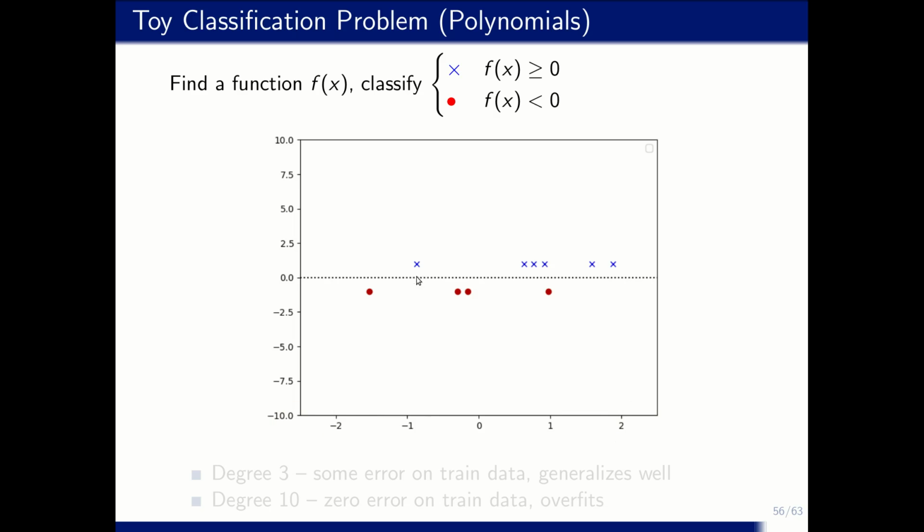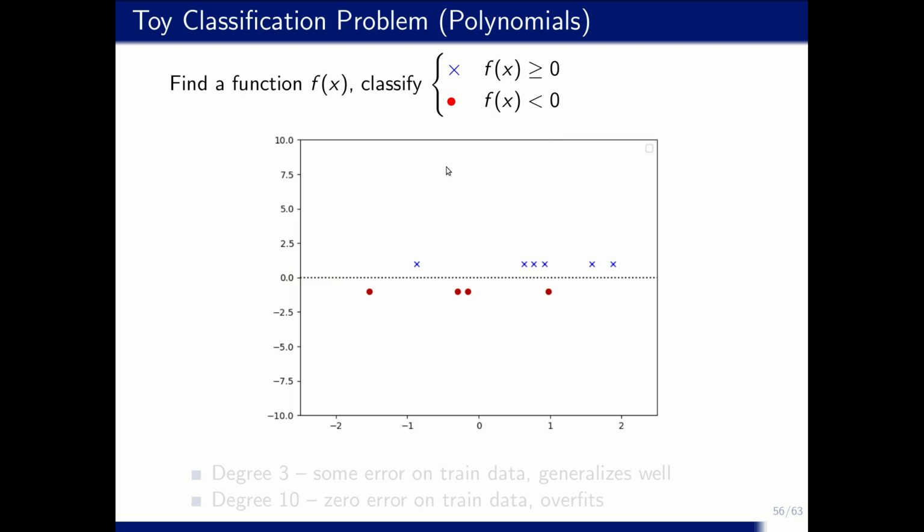So a positive class, these are these blue X's, and we have a negative class with these red circles. And now our machine learning model is simply this one-dimensional function f, and we would classify the positive class when f is larger than 0, so larger than this threshold here, and otherwise we predict the negative class. And the machine learning models we consider here are polynomials, and it's well known how to fit polynomials.